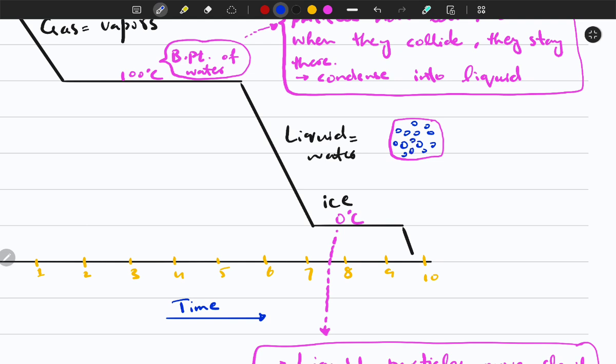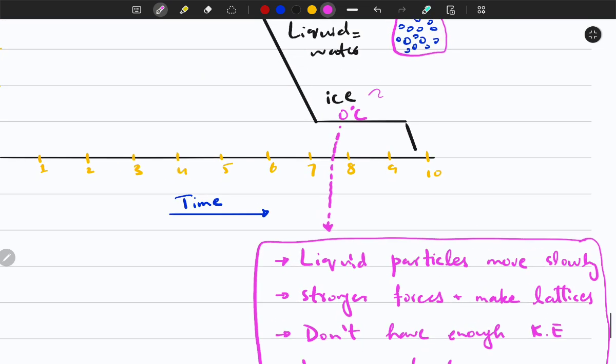They are still moving, but very slowly. All right? And in the solid phase, the ice, the particles would be very close to each other, right? Like this.